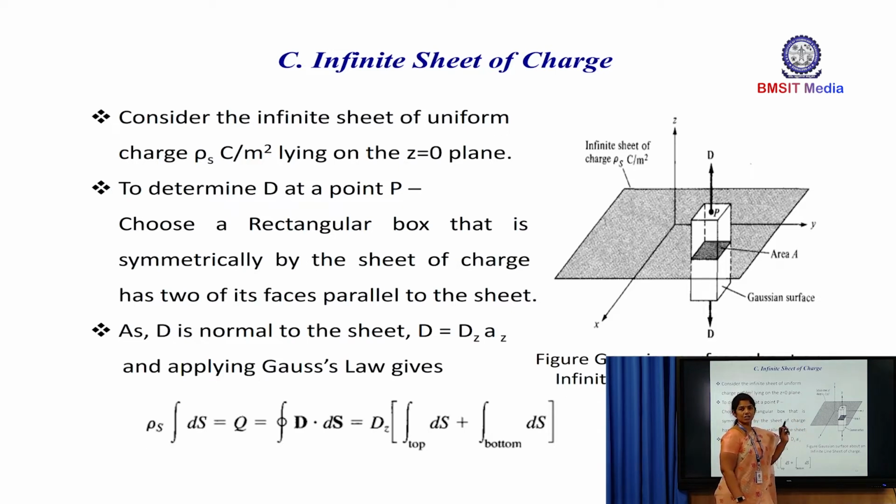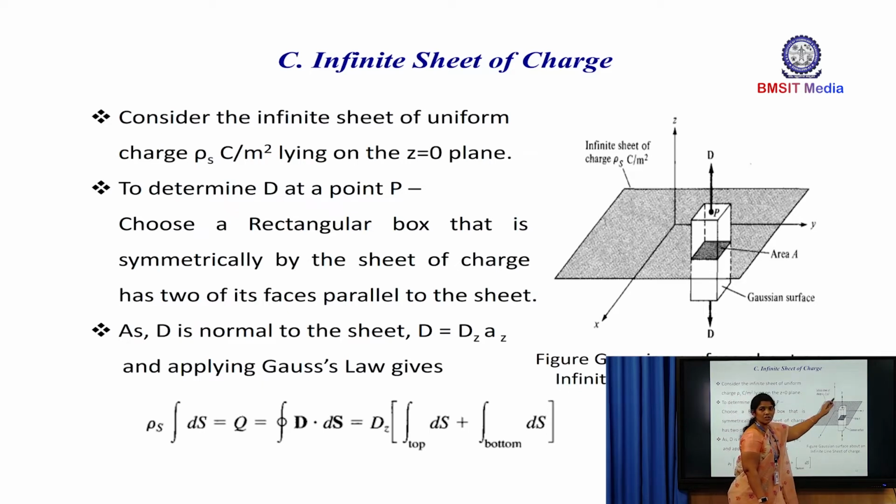tangential to the sheet. When we consider D normal to the sheet, D is along the z axis, and we have located the sheet on the plane at z equals 0, so the rectangular box is along the z axis.